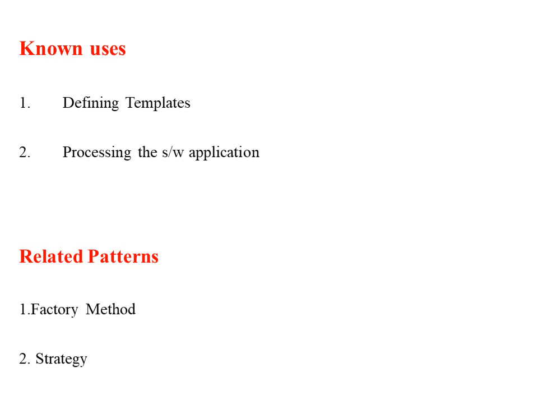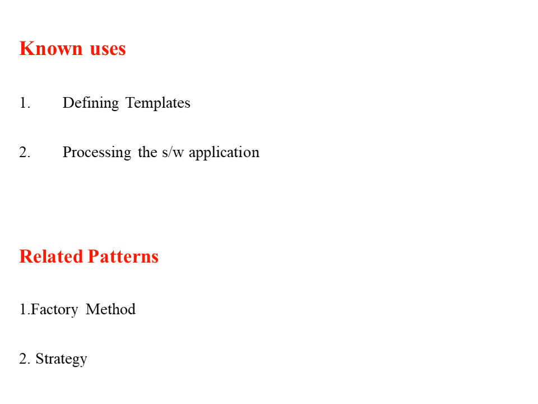That is one of the main real-time examples. Next, the second one is a word processing software application. This is also the same. Any software application has templates, and that is one of the examples for the template method pattern. So that is known uses.